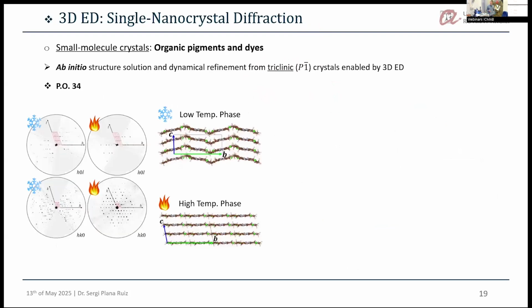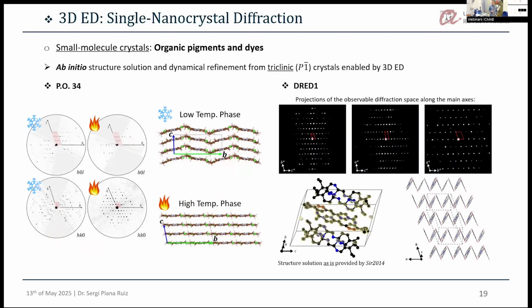So for example, for the pigment orange 34, here we could collect data at high temperature and low temperature. We could solve the structure in such a way that we could see that at low temperature we have this zigzag of the position of the molecules, while at high temperature the energy available could make the molecules go flat, as we see in there. And for this perylene one, we were also able to solve the structure.